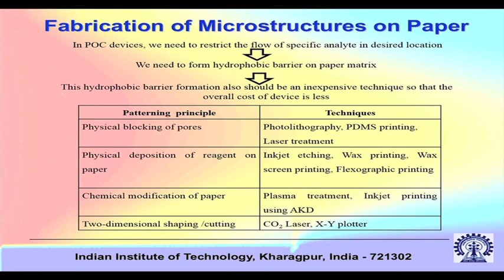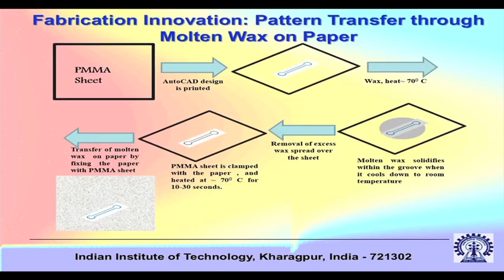Accordingly, there are several techniques which are available, like photolithography, PDMS printing, laser treatment, inkjet etching, wax printing, wax screen printing, flexographic printing, plasma treatment, inkjet printing, and so on and so forth. So either you block pores or you make new structures on paper. Basically your objective is to direct the liquid flow in a certain direction on the paper.